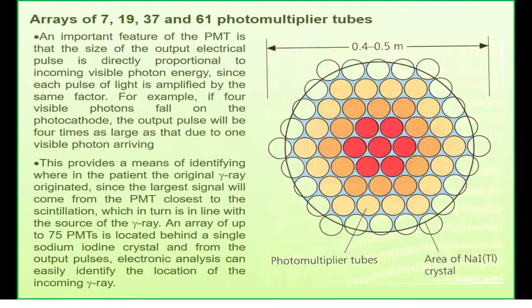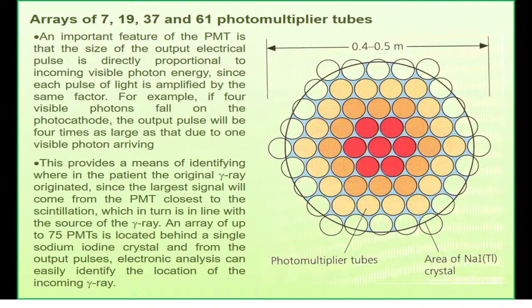So, an important feature of the PMT is that the size of the output electrical pulse is directly proportional to the incoming visible photon energy, since each pulse of light is amplified by the same factor. For example, if 4 visible photons fall on the photocathode, the output pulse will be 4 times as large as that due to 1 visible photon arriving.